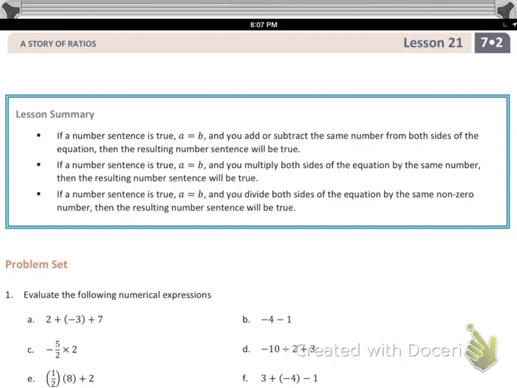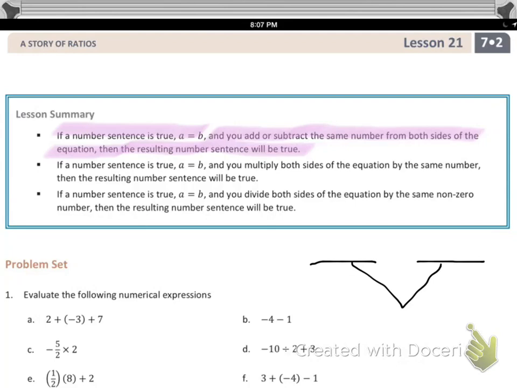So, lesson summary here. If a number sentence is true, A equals B, and you add or subtract the same number from both sides of the equation, then the resulting number sentence will be true. And it seems to make a lot of sense. I have talked in the past about this idea of a balance scale.